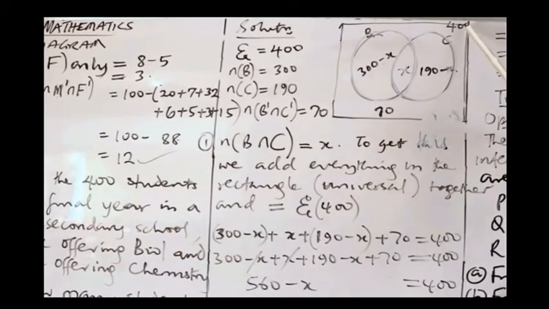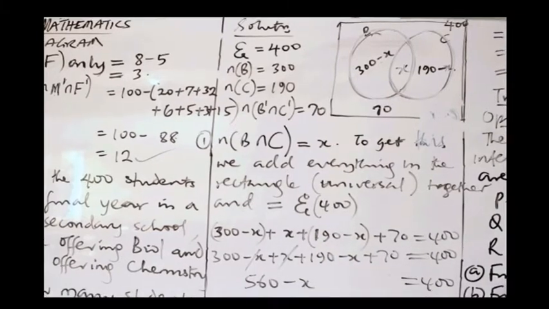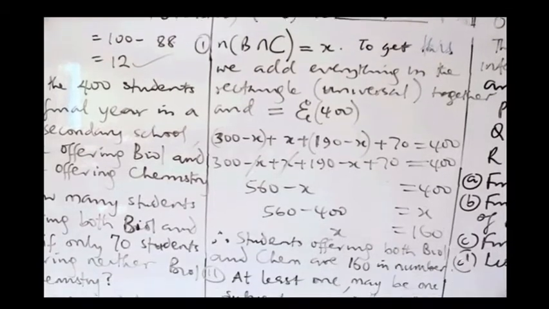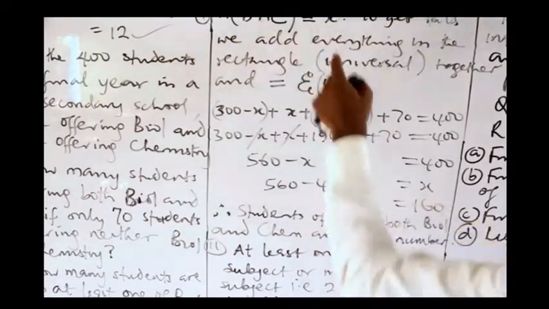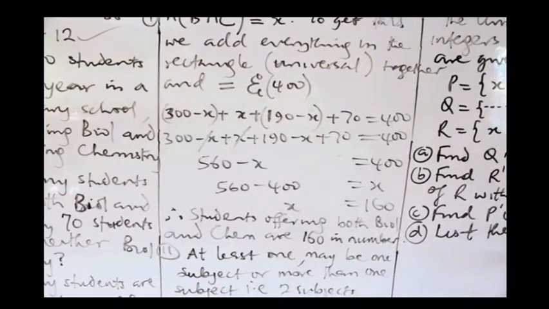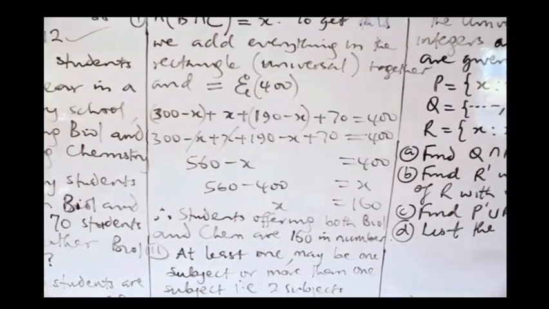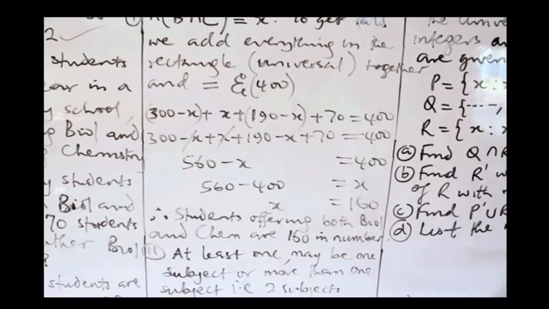Then equate it to 400, because everything inside the rectangle must add up to give us the universal set. That was what I did over here. When you do the arithmetic, you get X to be equal to 160. So the students offering both biology and chemistry, represented by X, is 160. That gives us the answer.